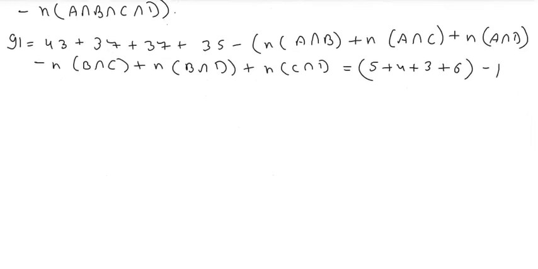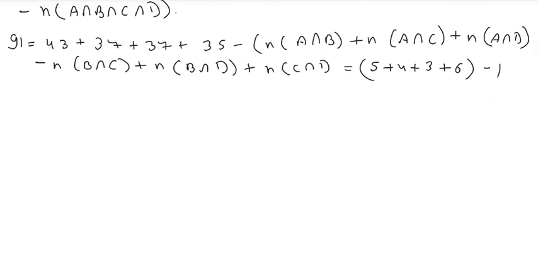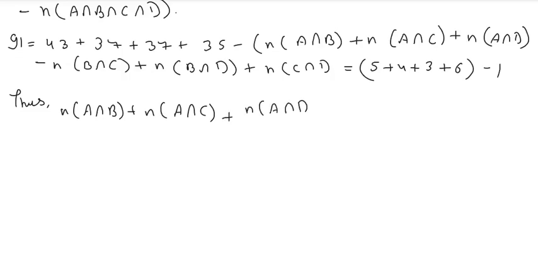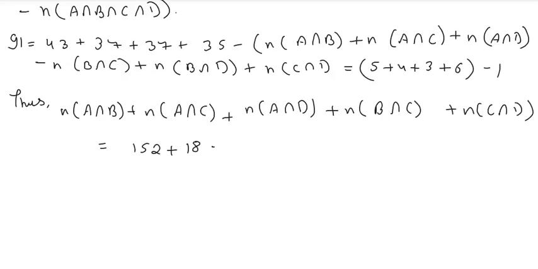Now moving further, thus we can see here N of A intersection B plus N of A intersection C plus N of A intersection D plus N of B intersection C plus N of C intersection D, which is equals to 152 plus 81, 18 minus 1 minus 91, which is equals to 78.